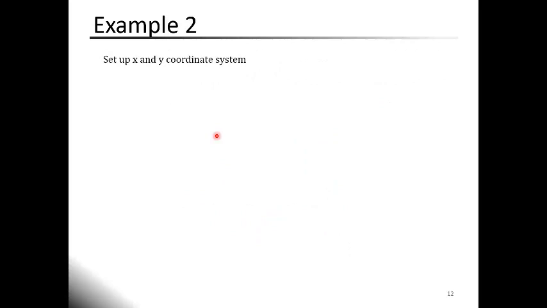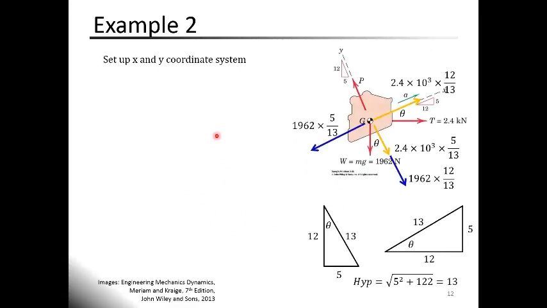So we need to set up first the X and Y coordinate system. And you see here, this is the free body diagram of the car, where we have the tension in the cable, which is 2.4 kilonewton. We have the weight of this car, W is equal to mg, which is 200 multiplied by 9.81, which gives us 1,962 newton.